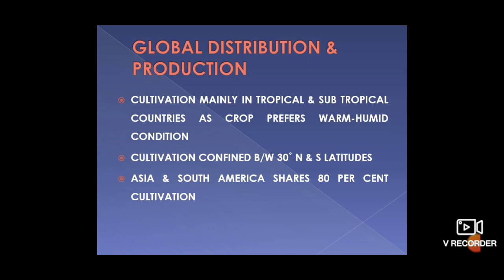If you look into the global distribution and production, the tropical and the subtropical countries are generally the areas where sugarcane cultivation dominates, because the sugarcane crop prefers warm, humid conditions. Hence, the major cultivation of sugarcane is confined between 30° north and south latitudes.